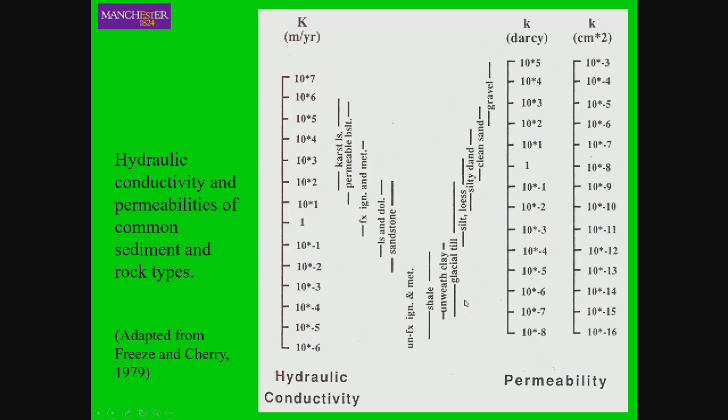So, firstly, finer grained rocks tend to be less permeable. They have lower permeabilities, lower hydraulic conductivities than coarse grained materials. And then over here, you can see unfractured igneous and metamorphic rocks. They tend to have very low permeabilities. But here we have fractured igneous and metamorphic rocks. They have much higher permeabilities. So they're already two of the major factors that we can see.